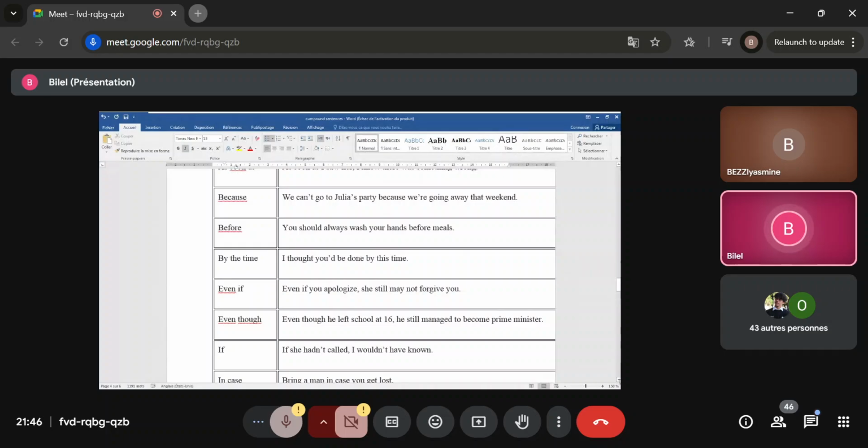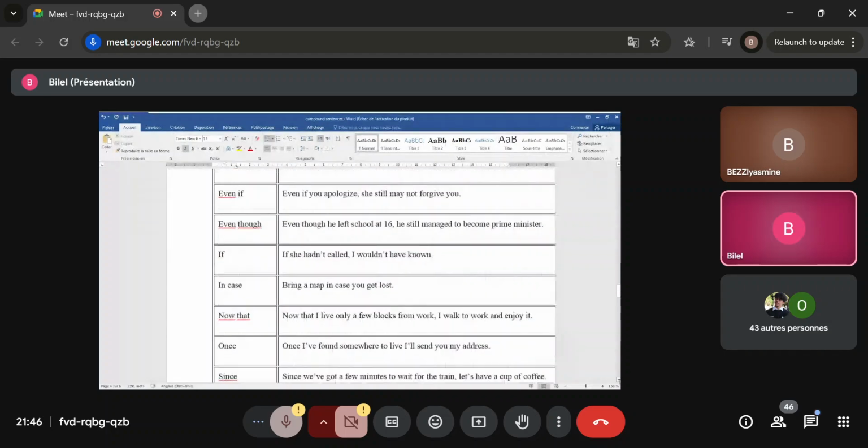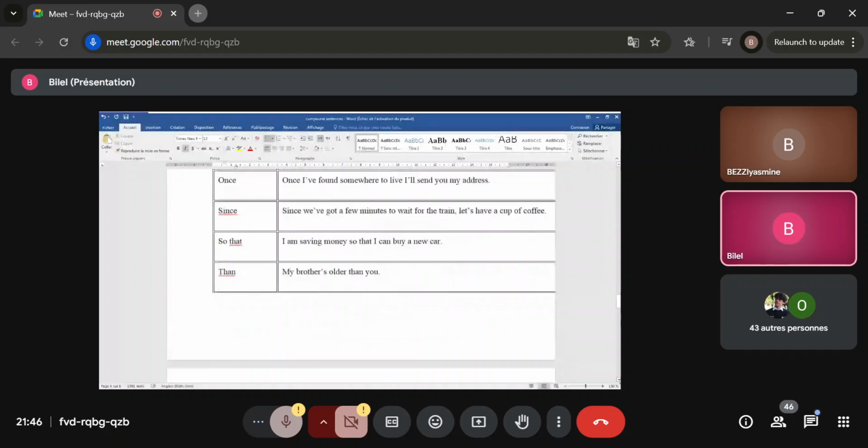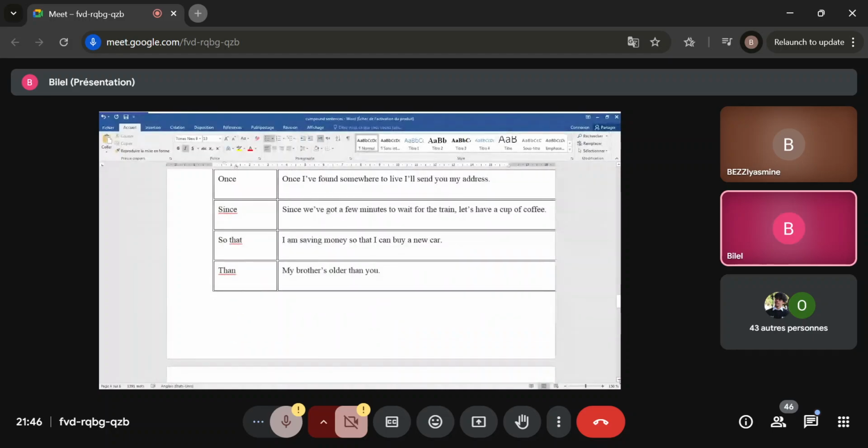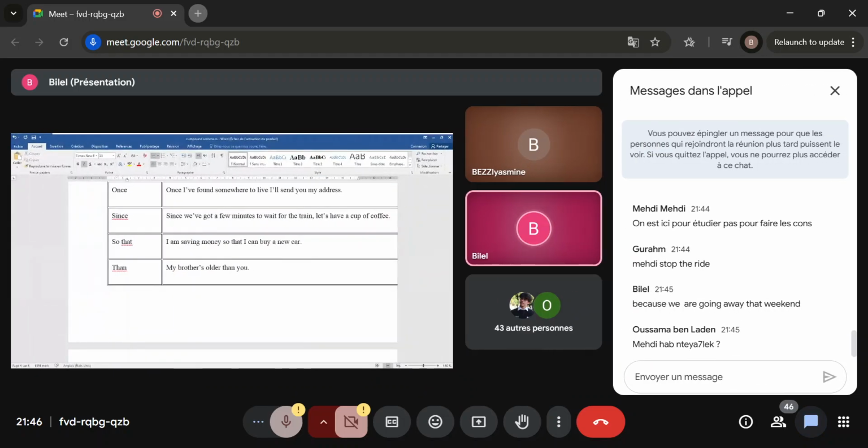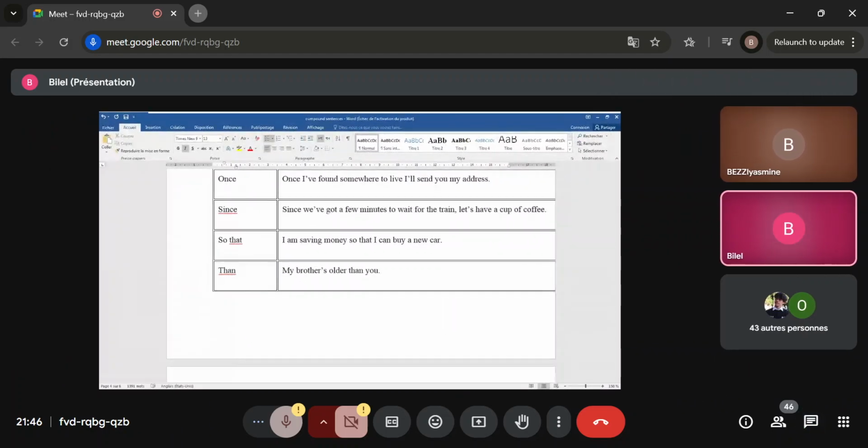We move to another example. Since. This one. Since we have got a few minutes to wait for the train. When we say since we have got a few minutes to wait for the train, the meaning is the train is not here.